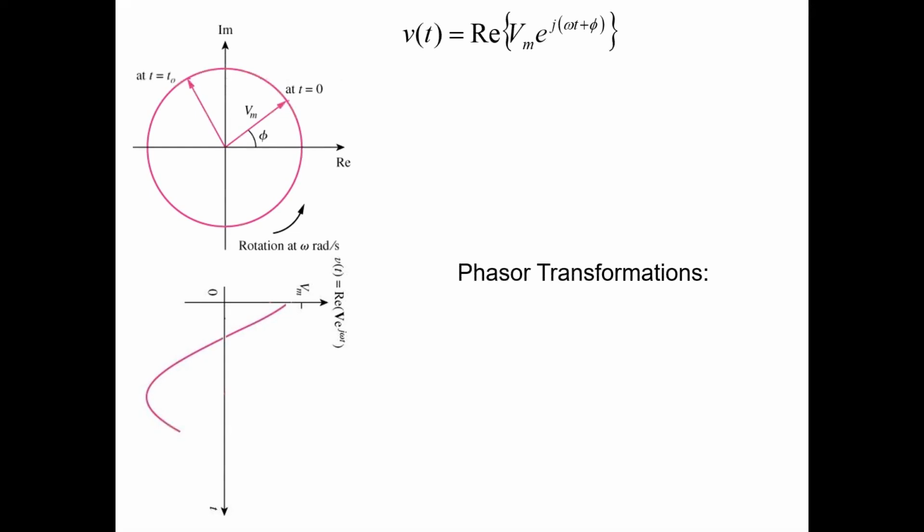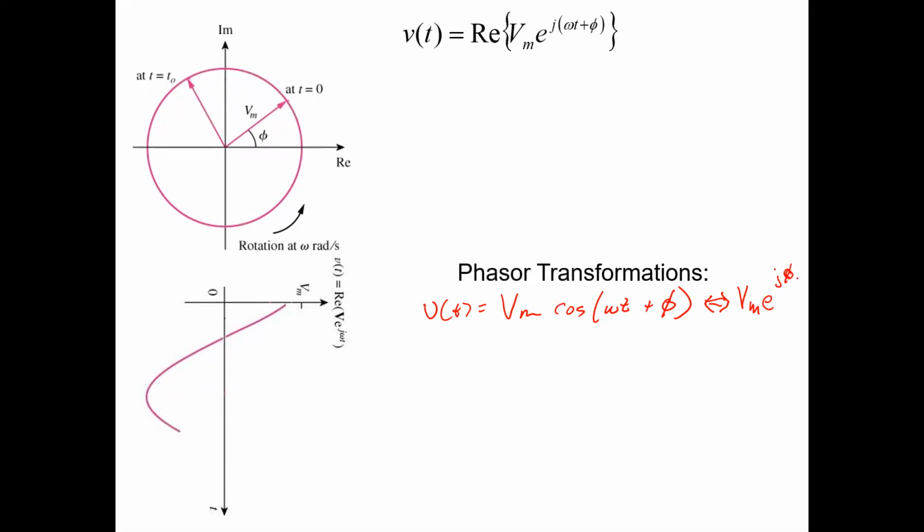So we take a sine wave, which is some magnitude cosine of omega t plus phi, and we can transform that into the phasor domain as a polar form complex number.